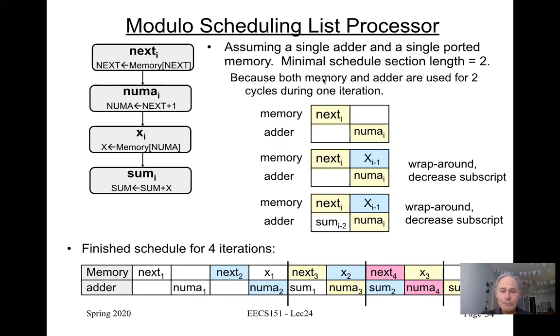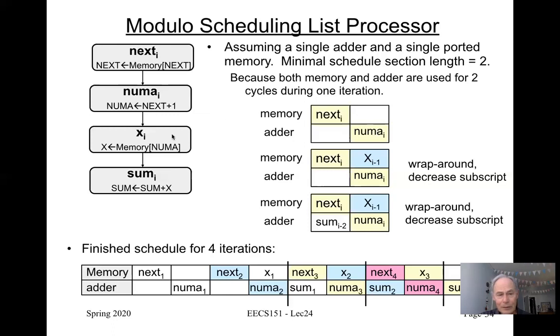So what we do then is take this computational chart, or computational diagram, and start scheduling it. So take the first get next I, next gets memory of next, put that in this time slot here. And then after that, we can compute NUMA based on that. This will go into a register. And then here's using the adder, compute NUMA.